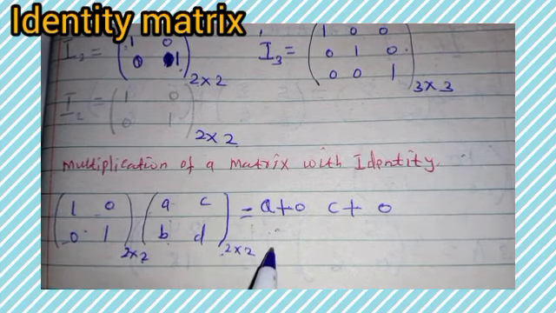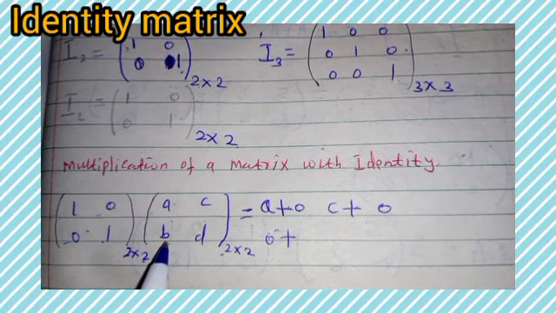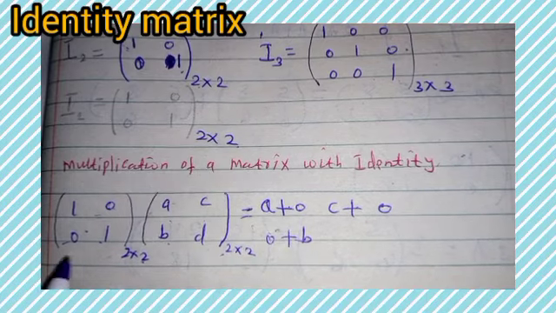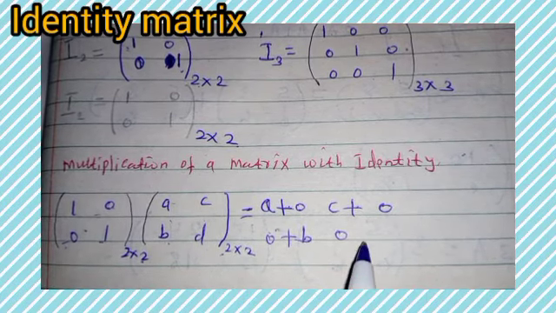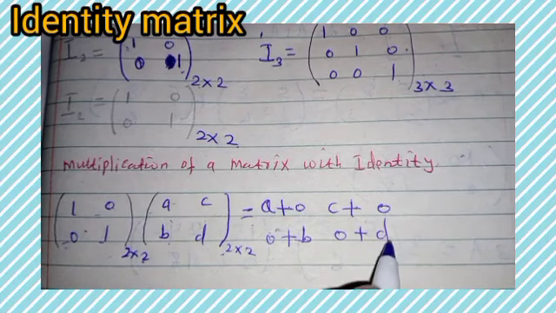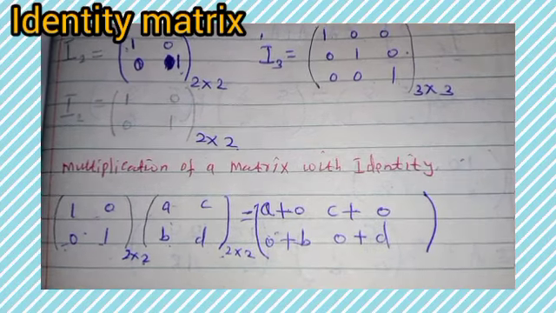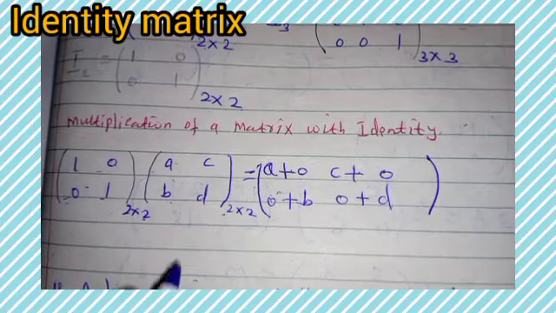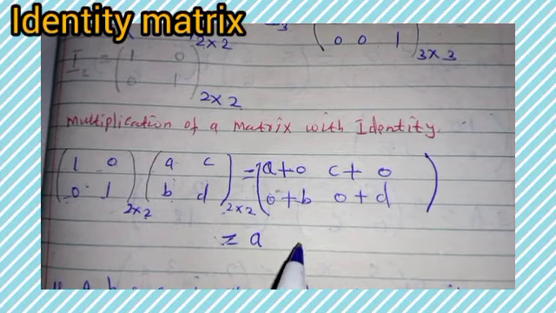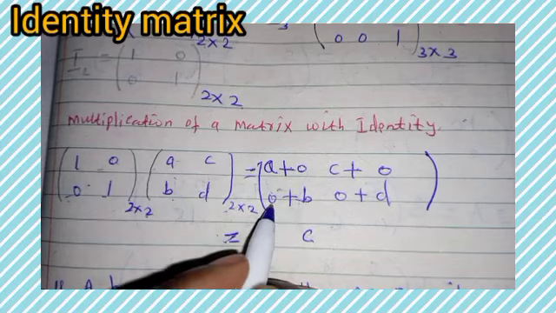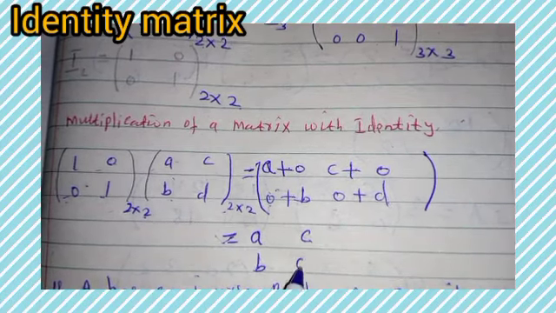So 0 times A will give you 0, plus 1 times B to give you B. Next, you have 0 times C to give you 0, plus 1 times D to give you D. So A plus 0 gives you A, C plus 0 gives you C, 0 plus B gives you B, 0 plus D gives you D.